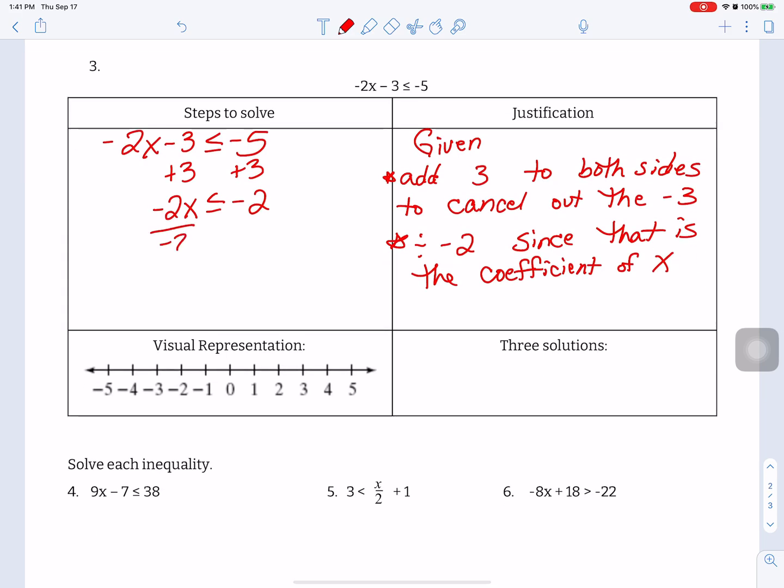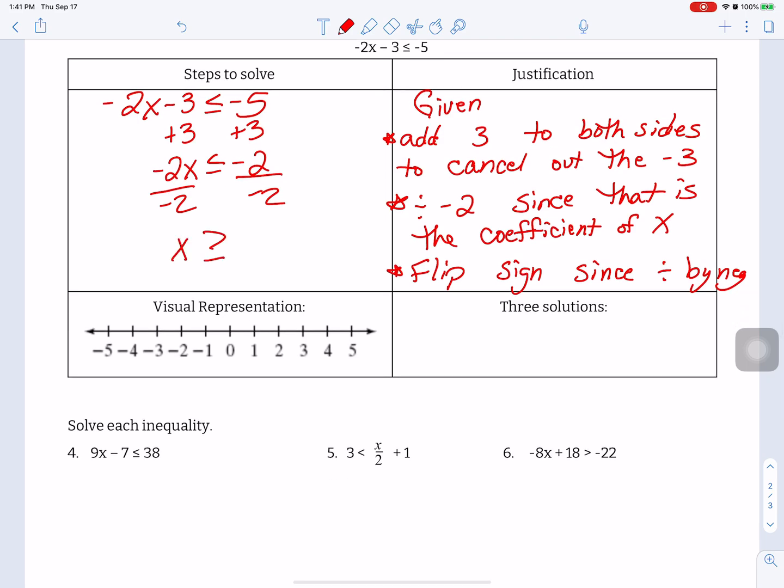And when I divide by negative 2, I need to flip my sign because I'm dividing by a negative. So x is going to become greater than or equal to 1.